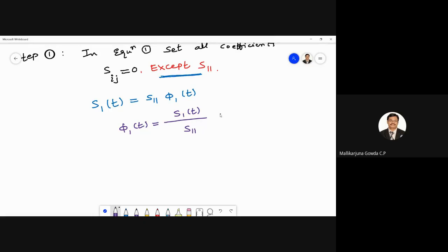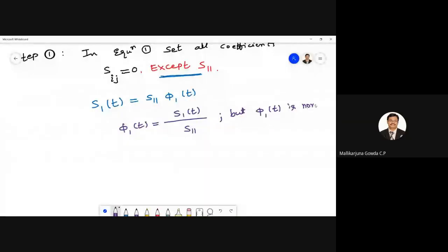That means the value of phi 1 of t is normalized. Understood what I'm saying? But phi 1 of t is normalized means what? What do you mean by this?